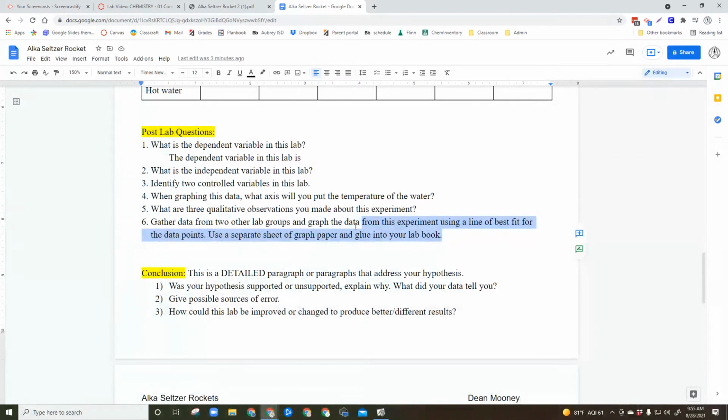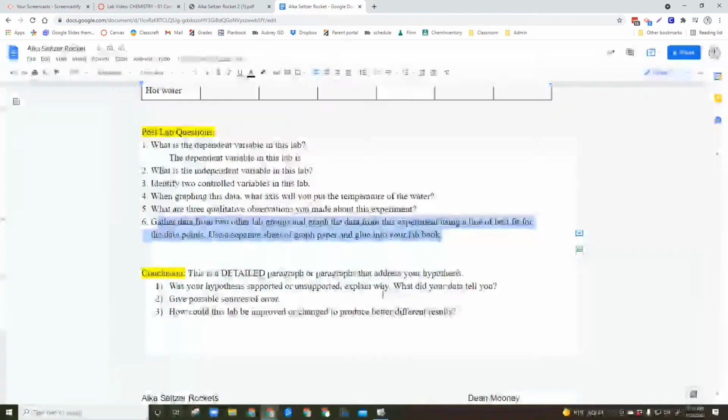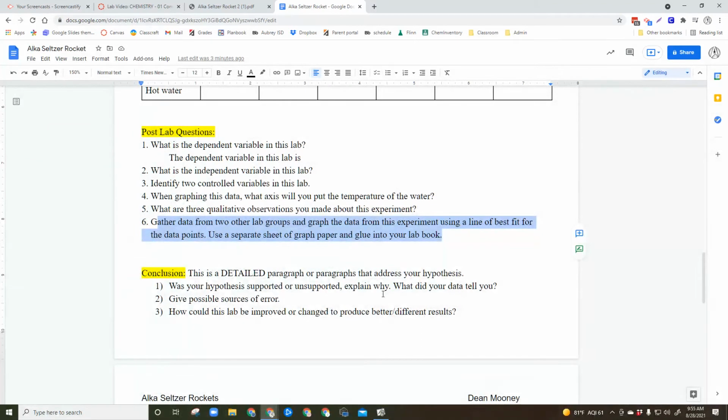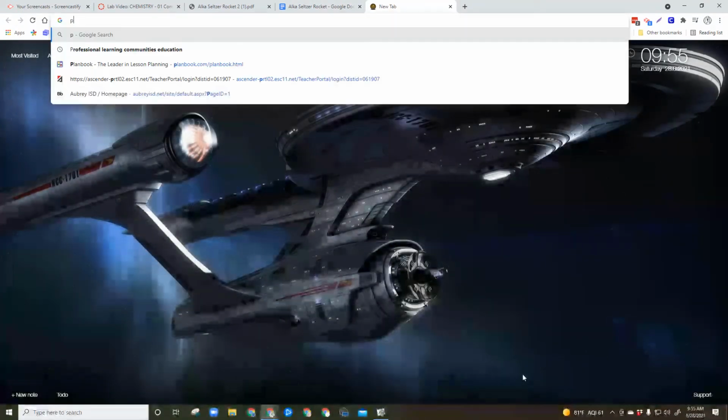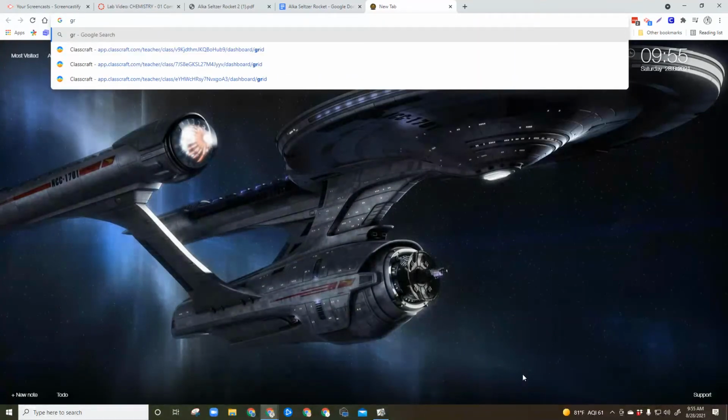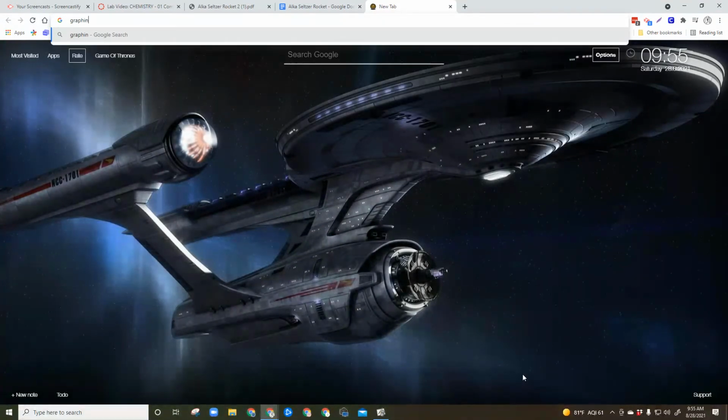So you can either draw this on graph paper. I don't want you to use notebook paper and make your own lines. I want you to either use graph paper, or you can go to a graphing website.